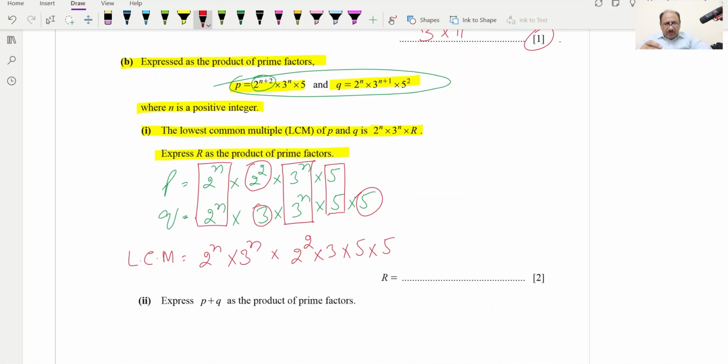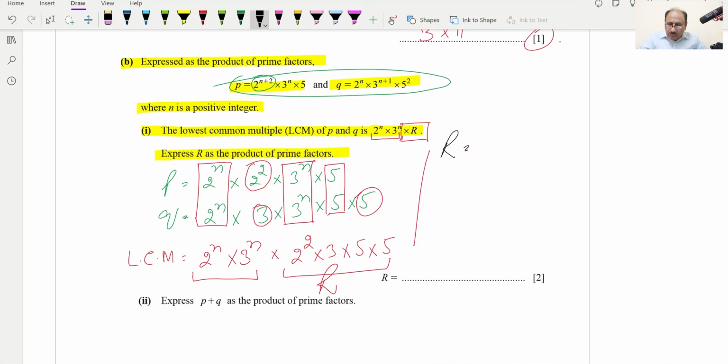So whatever is common we have taken once, and whatever is not common we have written over here. This is the part which is matching, and the remaining is the R part, and R part is this one. So this is the R value.